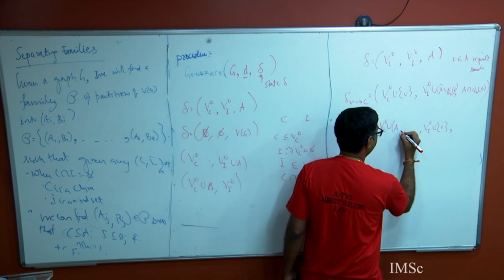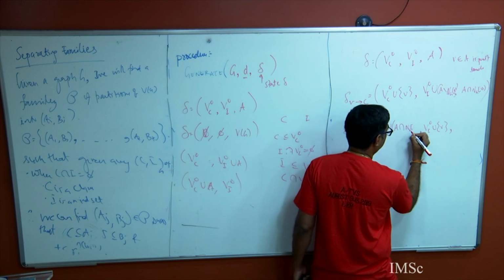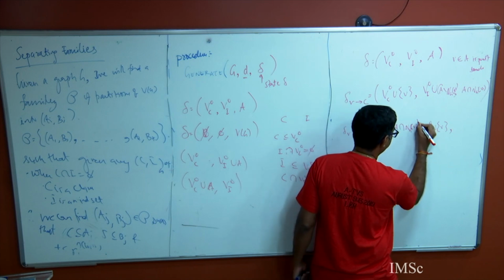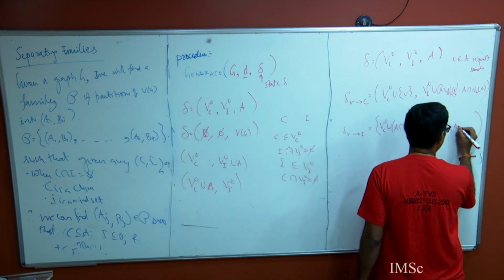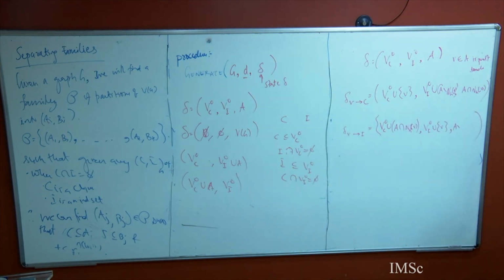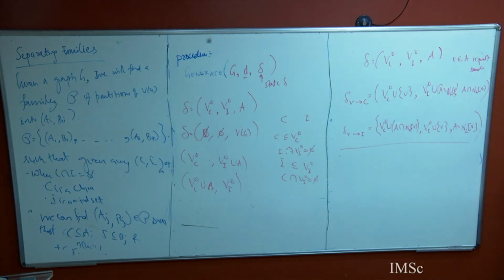It should be A intersection, because that's the only active vertex, B. And what is left then? A minus Ng of V. This is what I do. A lot of things are not clear.